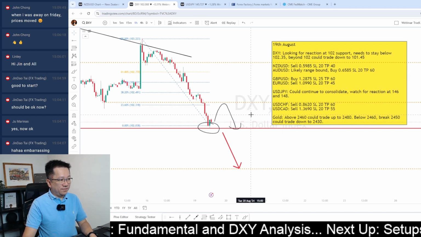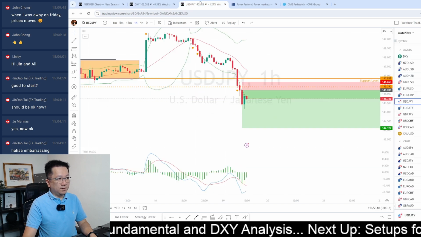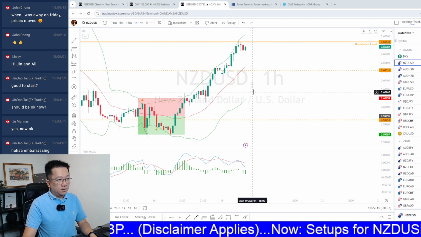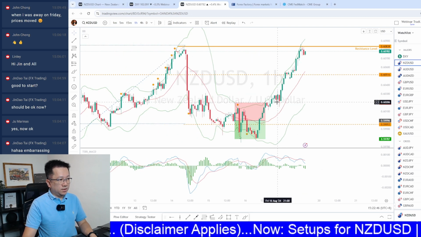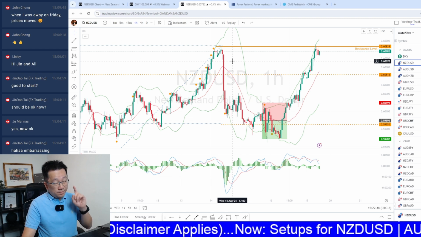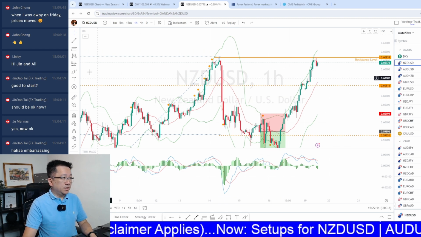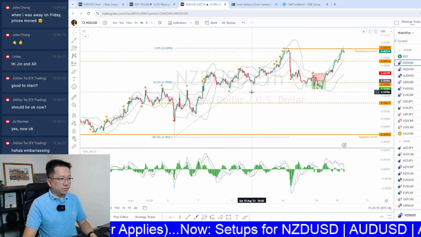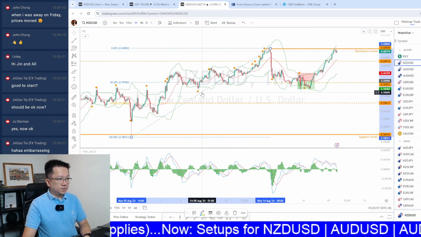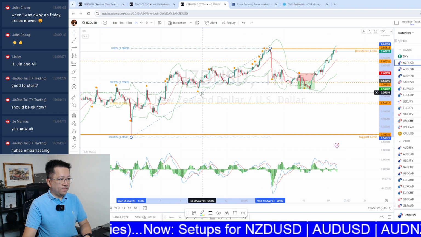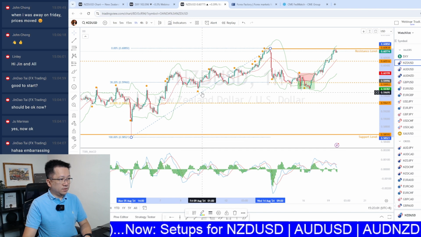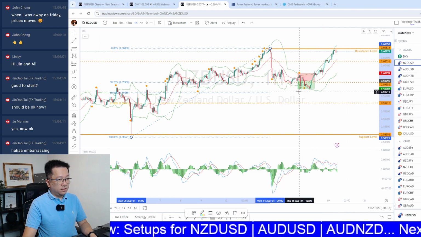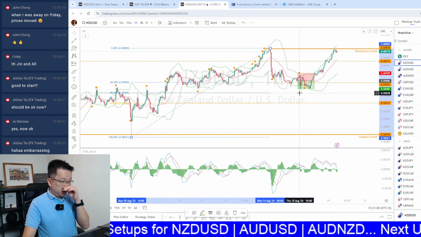Now with that, then looking at the Kiwi dollar, big thing to notice here is that, well, firstly, we don't need any of this. Let me see where's 50. Just before 50 there.